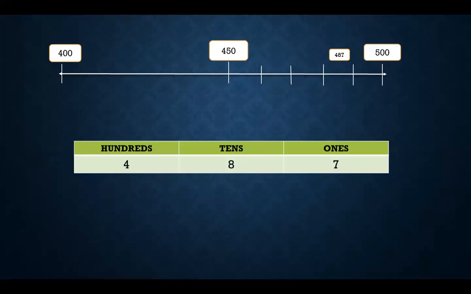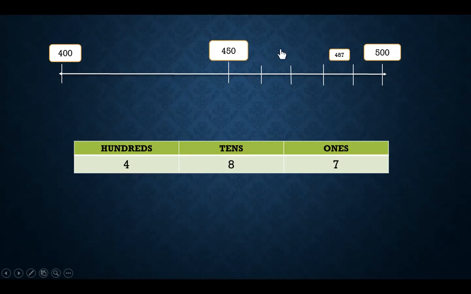This is the way we are going to work on our number line. For example, say it can be 487. As I told you, I'm going to use 400 and then 500, my greater number, on the right side. And remember, the main point, my benchmark, is right here: 450.